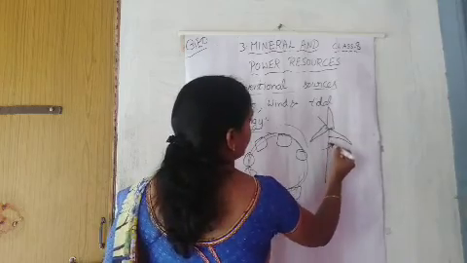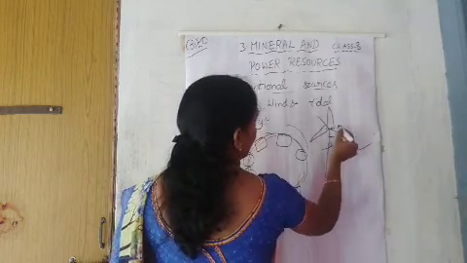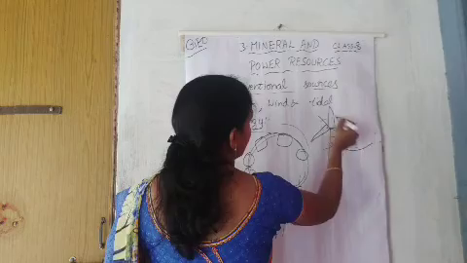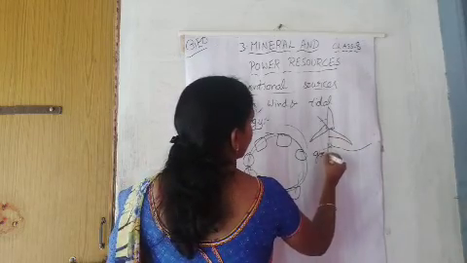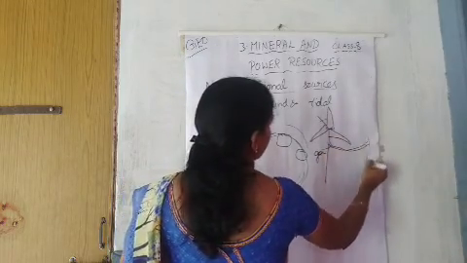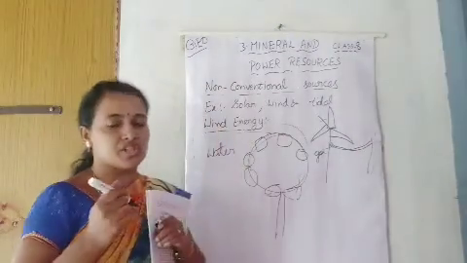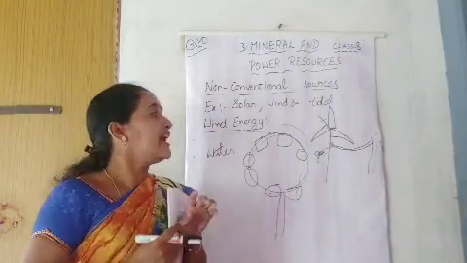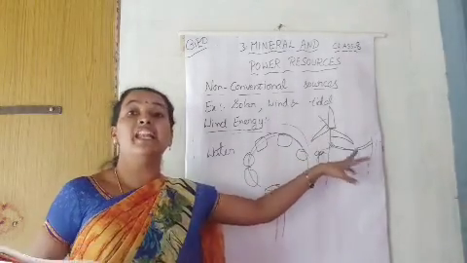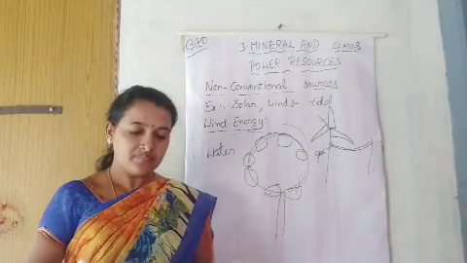Like these fans will be there, and when the winds come, these fans will move and they will generate electricity. Lines will be there from one to another, all the windmills are linked with each other and they will produce wind energy. On the hilly areas they will fix these.